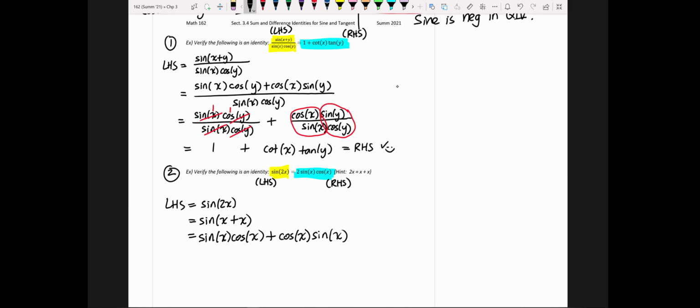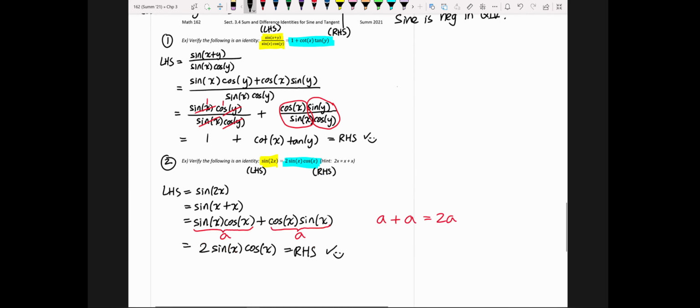Which is then rewritten as 2 sine of x cosine x. That's right, because you notice that both of these are apples. Sine times cosine is the same as cosine times sine. Yes, so when you have the same expression plus the same expression, that is 2 apples. So this is going to be 2 sine of x cosine of x. Very good. And that is your right-hand side. Thank you, Stephanie.